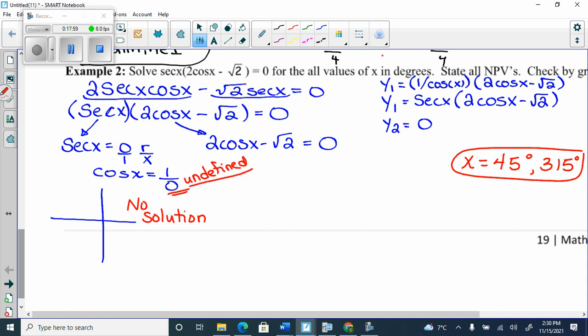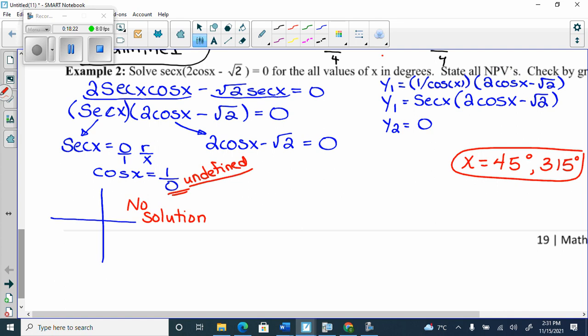No, cos graph starts at 0, 1, and then it goes this way. There's no solution when you get cos x is undefined. And that makes me feel okay, because I know 45 and 315 is coming from this one. So the moment I found the 2 answers, I know they're 45 and 315. I know they're going to come from here. That made me feel okay about this one being wonky and no solution.